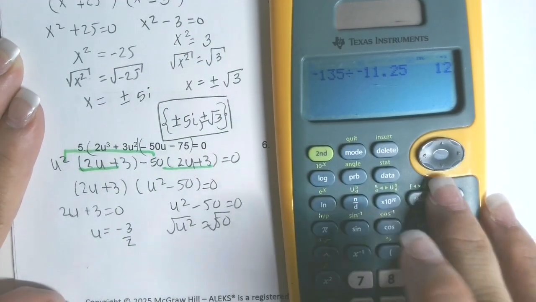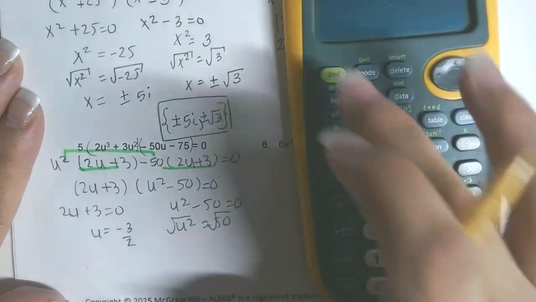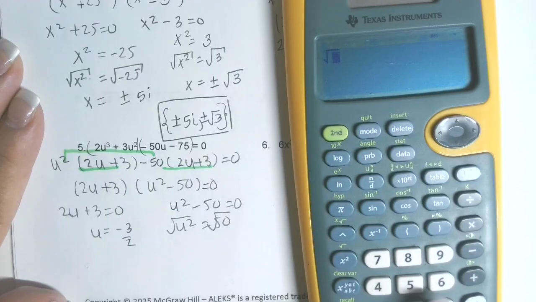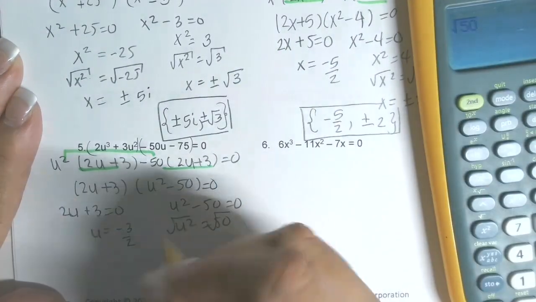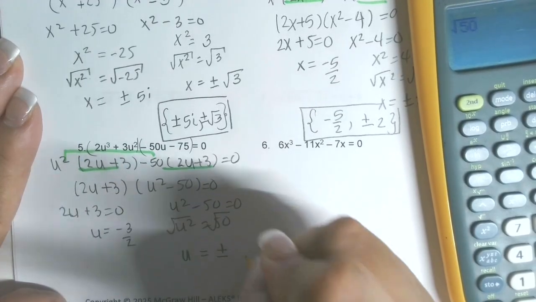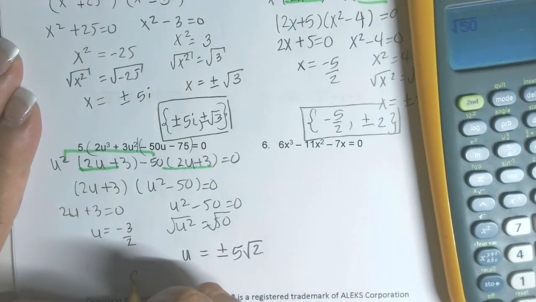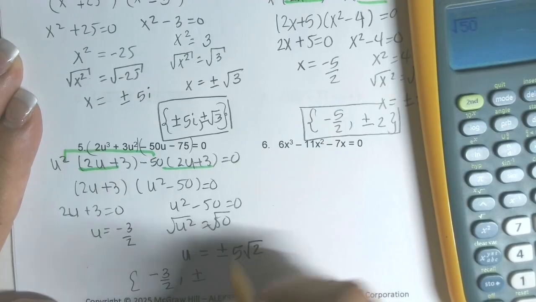So it's going to be the square root of 50, which is 5 square root of 2. That means u equals positive and negative 5 square root of 2. And then we put it all together: negative 3 halves, comma, positive and negative 5 square root of 2.